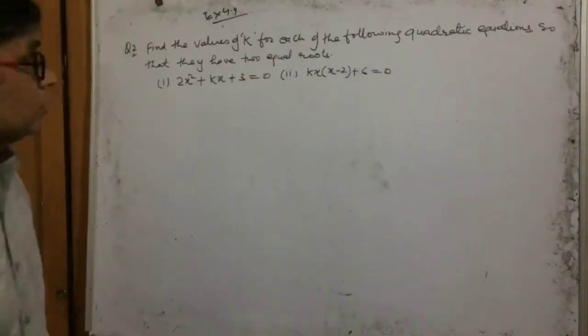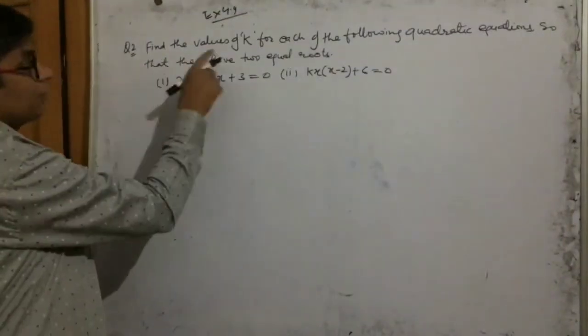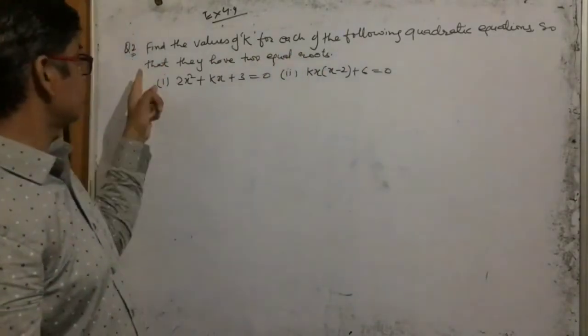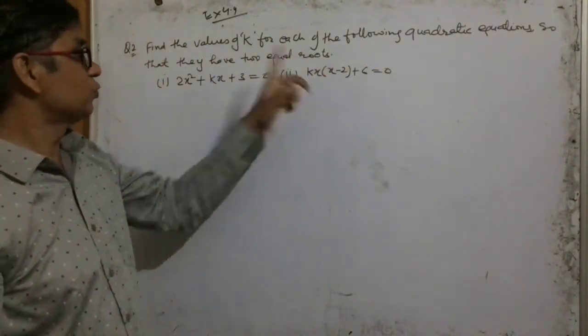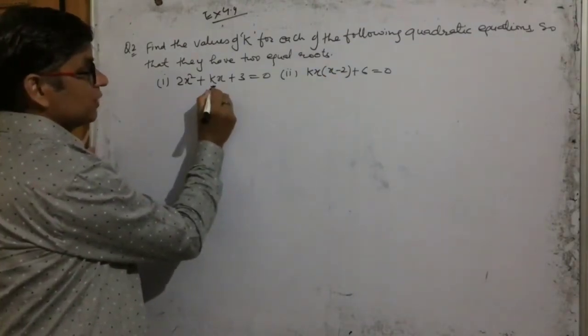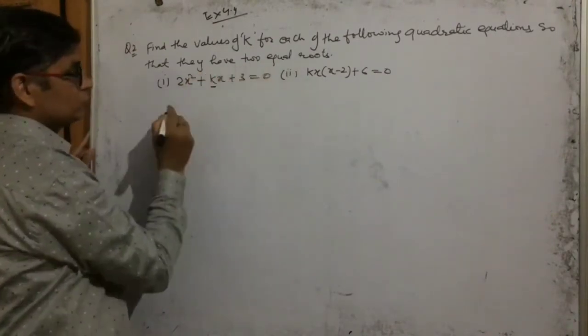Okay. Now question number 2 of this exercise. Find the values of k for each of the following quadratic equations so that they have two equal roots. It means such a value of k that the equation has two equal roots.